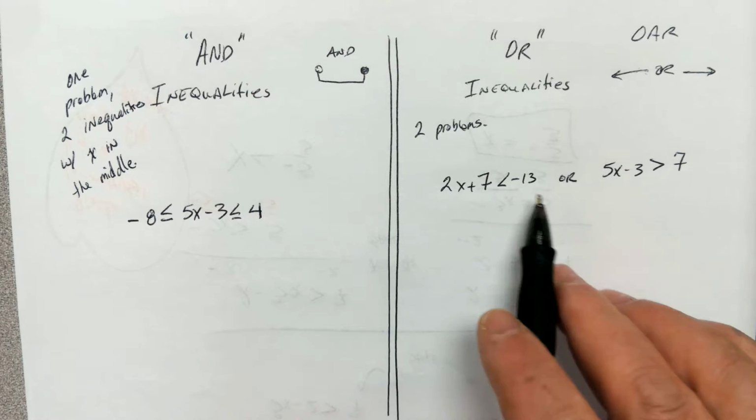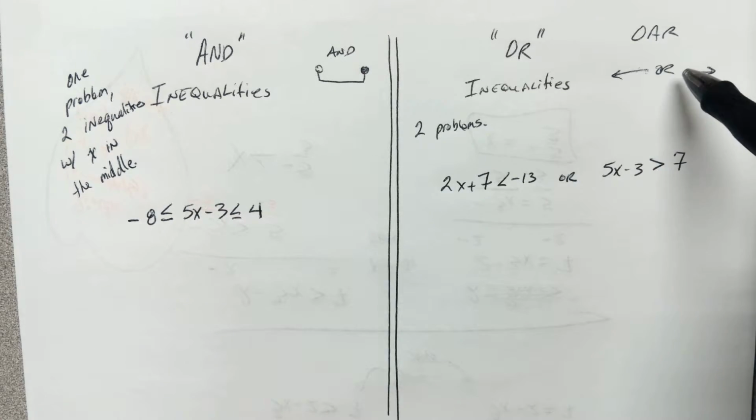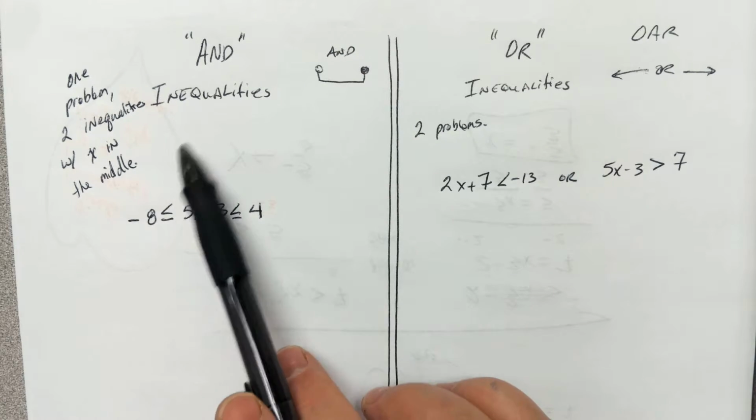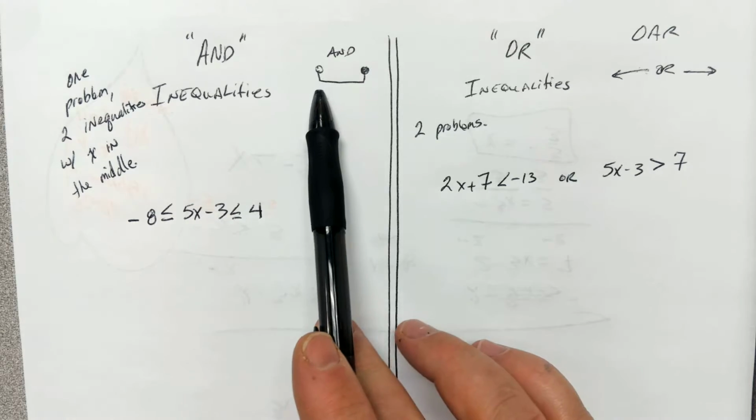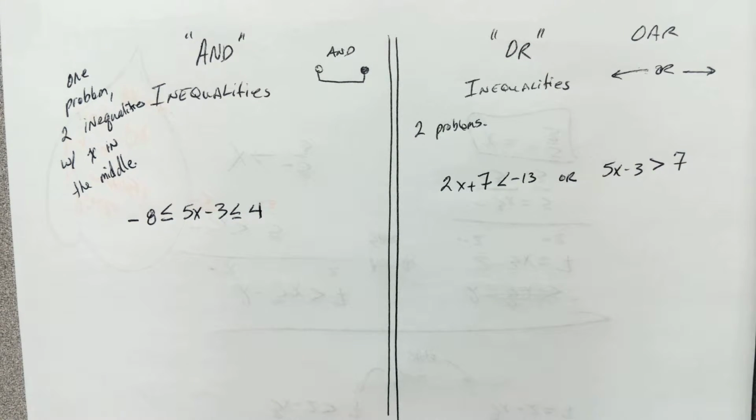And those are going to look like this. And in math, sometimes weird things happen. Sometimes these ors can get weird and they can turn into looking like an and. Like the graph can look like that, but we're going to try to make sure they stay like this for right now until we get more comfortable. We don't want to do the weird stuff right away. We want to make sure we got the foundation.